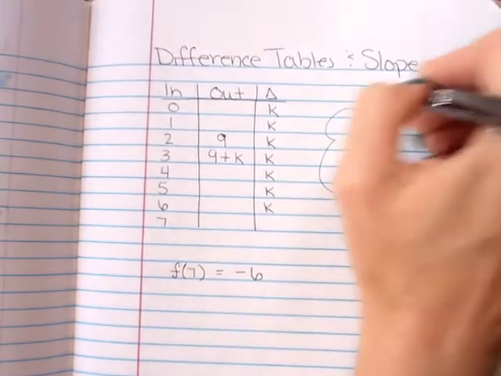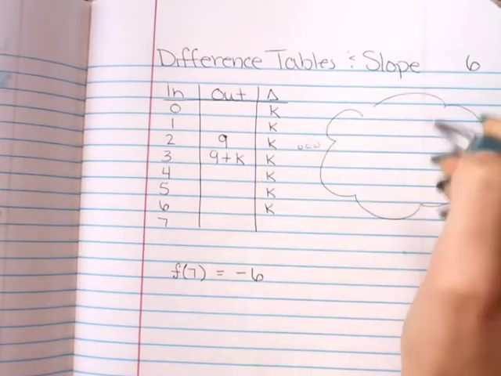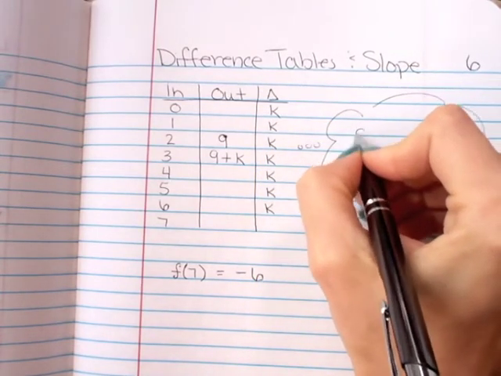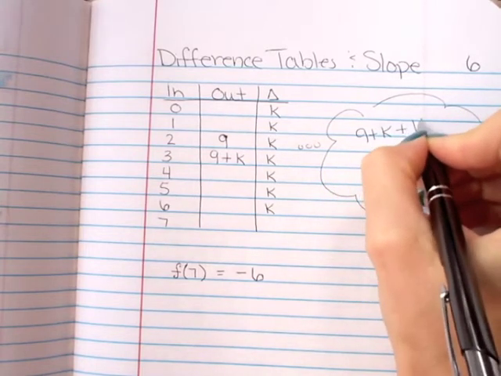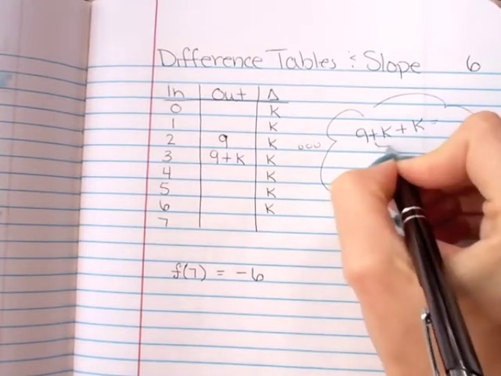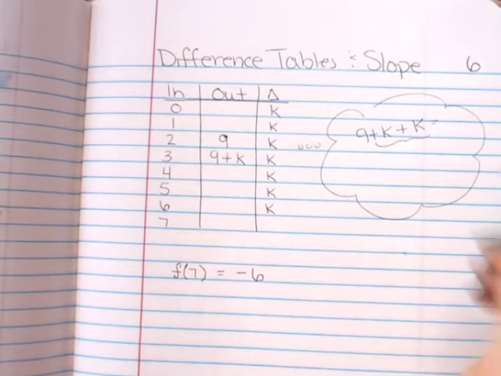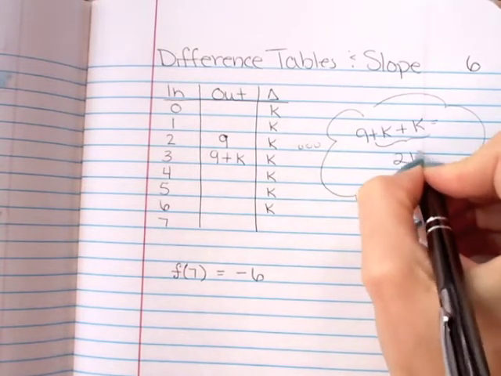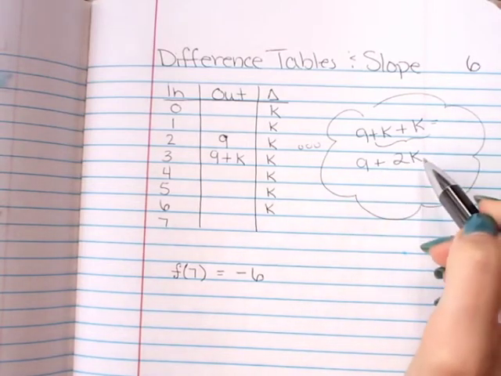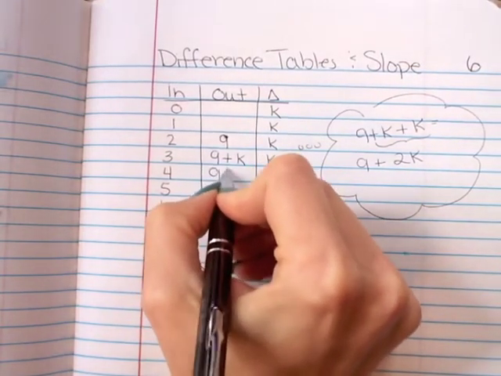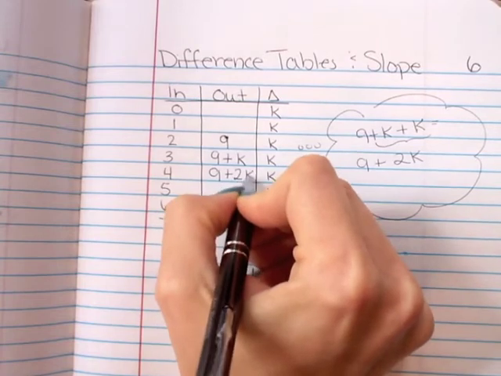And off to this side, we're just going to make ourselves a reminder. So go ahead and draw yourself a bubble. That if I have 9 plus k and I add k to that, remember that k plus k is 2k. So this is going to equal 9 plus 2k.